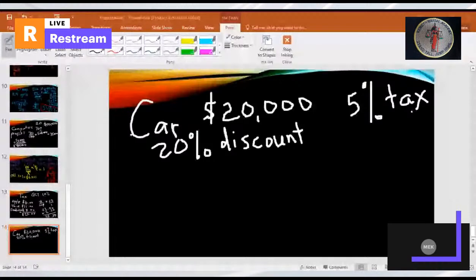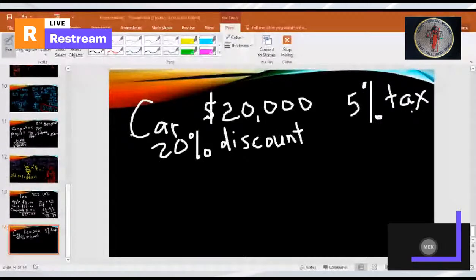That is the tax, right? And that gives you 1,000. Then you add that to the 20,000, so add that to the 1,000, and then you find 20% of that amount, which is the discount. You're going to subtract it. So you got 15,000 for that.